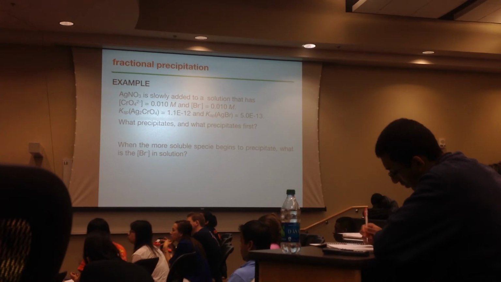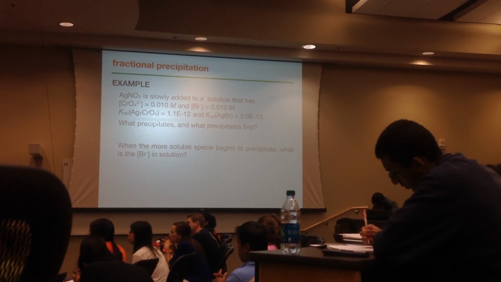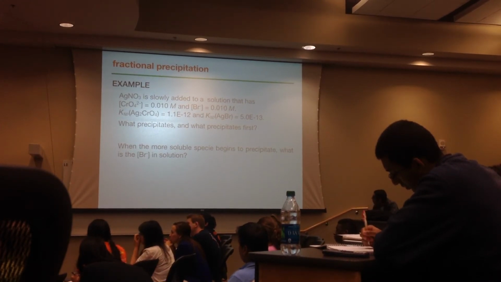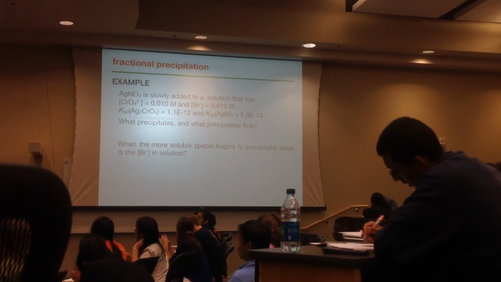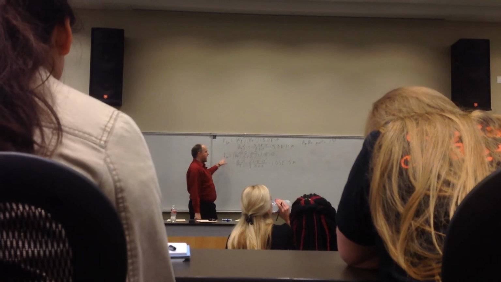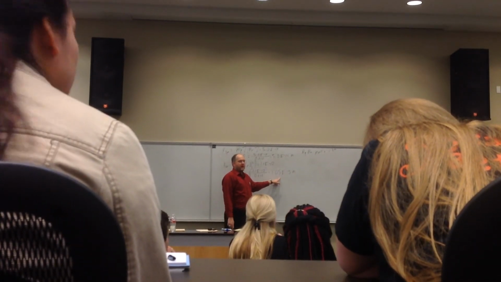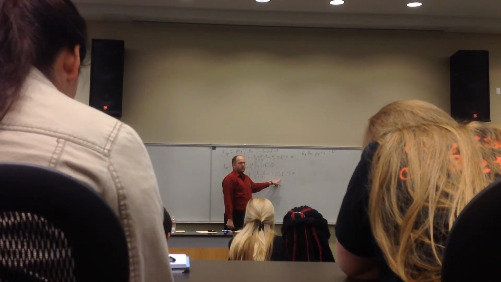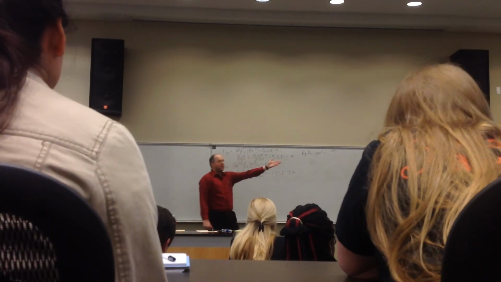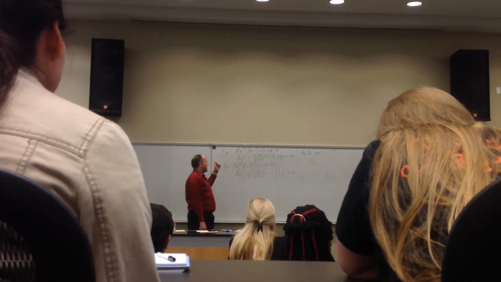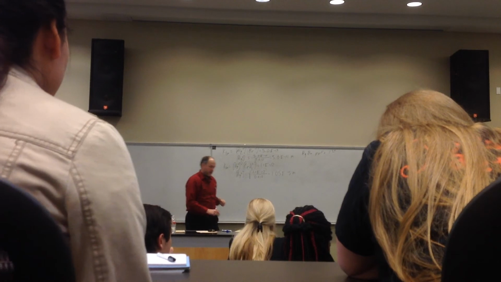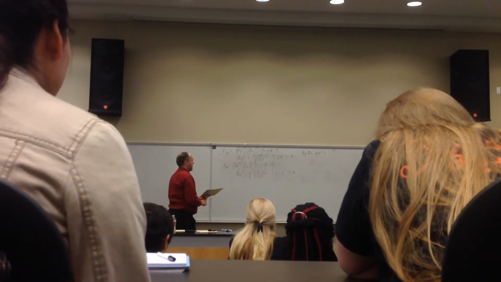How are we going to do that? Well, we know what the silver concentration is when silver chromate first starts precipitating. It's 1.05 times 10 to the minus 5, right? I can plug that into the KSP for silver bromide and calculate the bromide concentration, right?